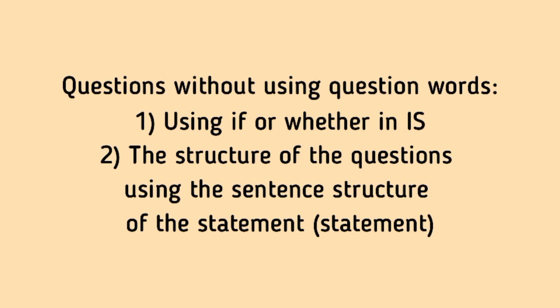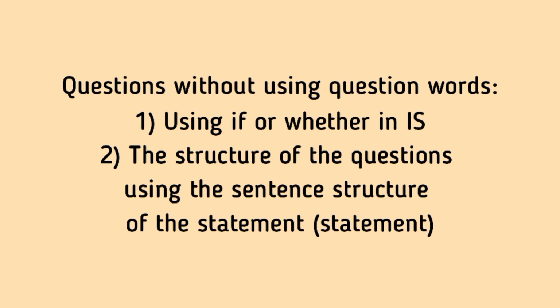Of course, there are questions beginning with a WH question word, but there is also a question without a question word. And how to change it? The first, use if or whether in the indirect speech sentence. And the structure of the question uses the sentence structure of a statement.